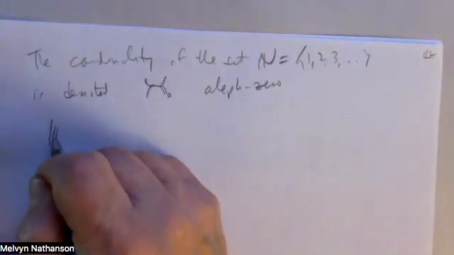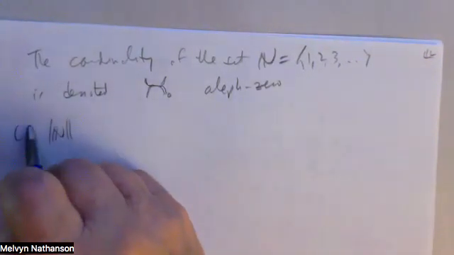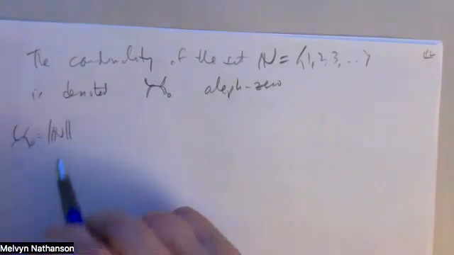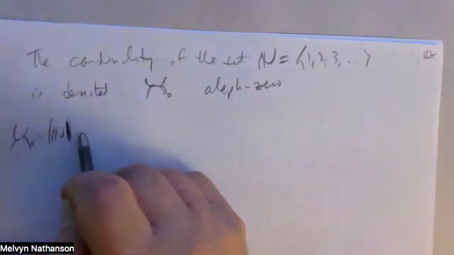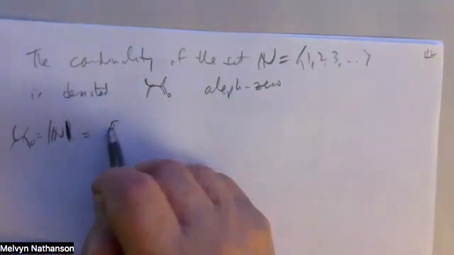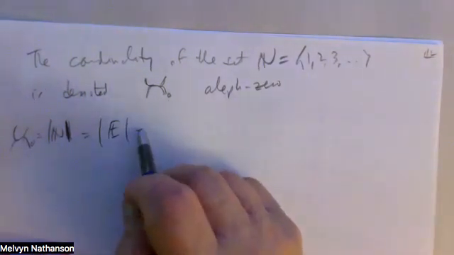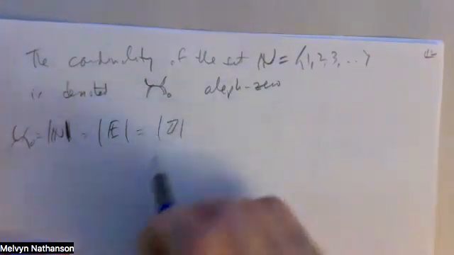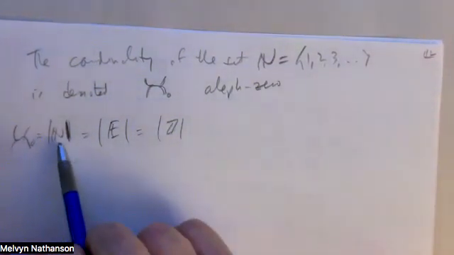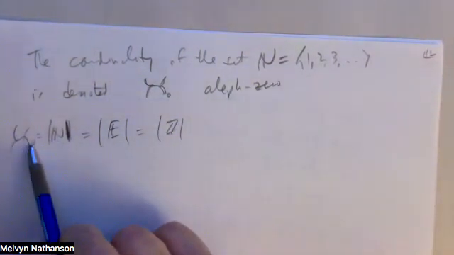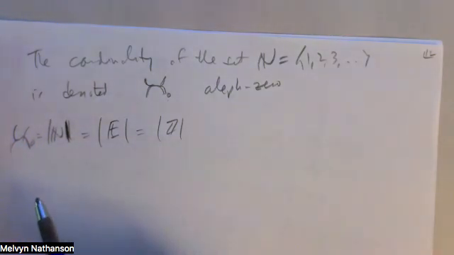We have the cardinality of the set of even integers is Aleph naught. But we already see the number of even integers is the number of positive integers. The number of all integers is equal to the cardinality of positive integers. So all of these sets have cardinality Aleph naught.